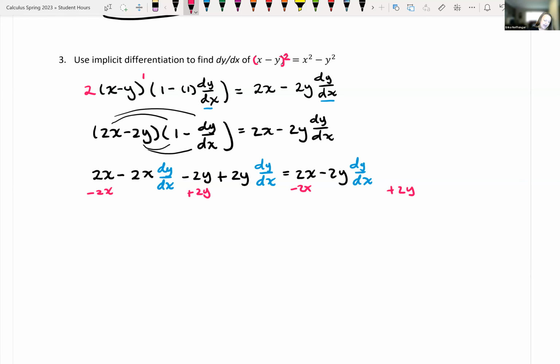And let's add 2y dy/dx on both sides. My goal was to get all the terms with dy/dx on the left-hand side of my equation. So doing that, I got negative 2x dy/dx plus 2y dy/dx plus 2y dy/dx, so 4y dy/dx.